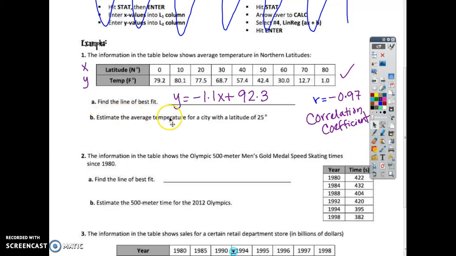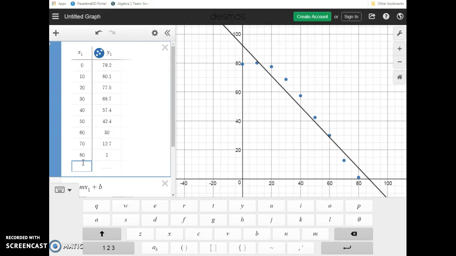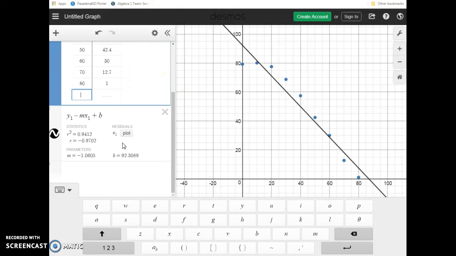It says, estimate the average temperature for a city with a latitude of 25 degrees. So 25 degrees would be somewhere right here in the middle of 20 and 30, right? So it would be somewhere in the middle of 77.5 and 68.7. But if you want something perfect, like a perfect number, then we're going to type 25 in Desmos. Let me see if it'll do it.